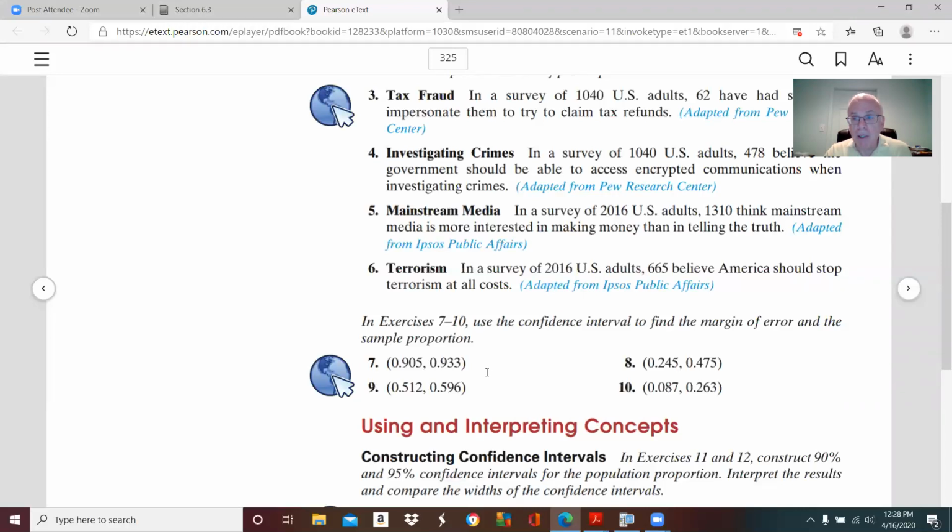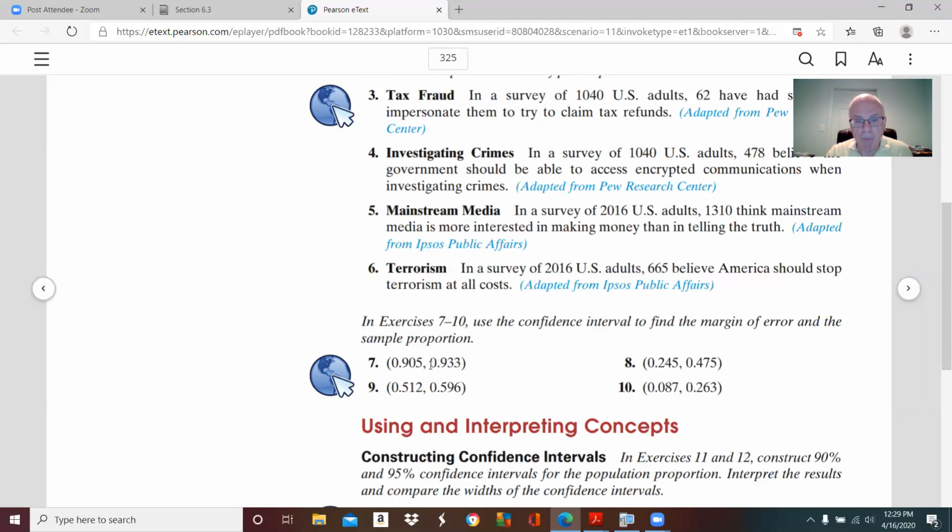Now, one of the things that hopefully would make some sense to you is that if this left number here is the result of subtracting the margin of error, and if the right number here is the result of adding the margin of error to p hat, then it should make sense to you, I hope, that the difference between these two numbers must be 2 times the margin of error, because we're moving to the left by the margin of error, and we're moving to the right by the margin of error when we create the number on the right here, right?